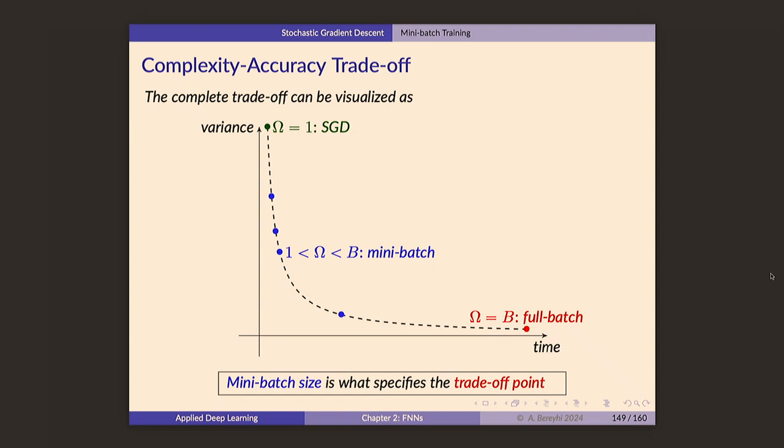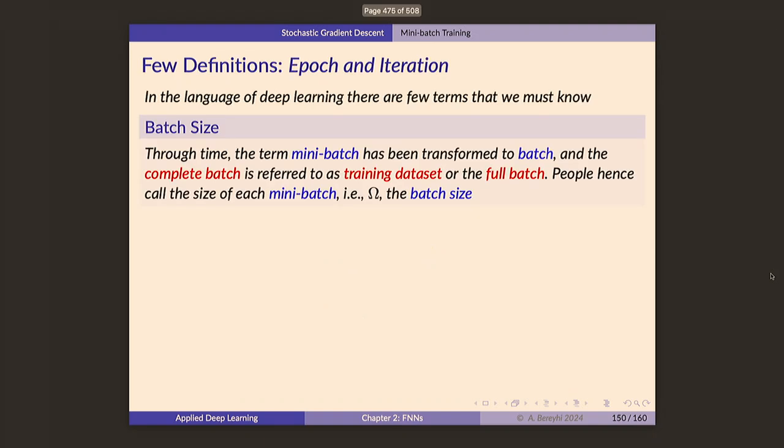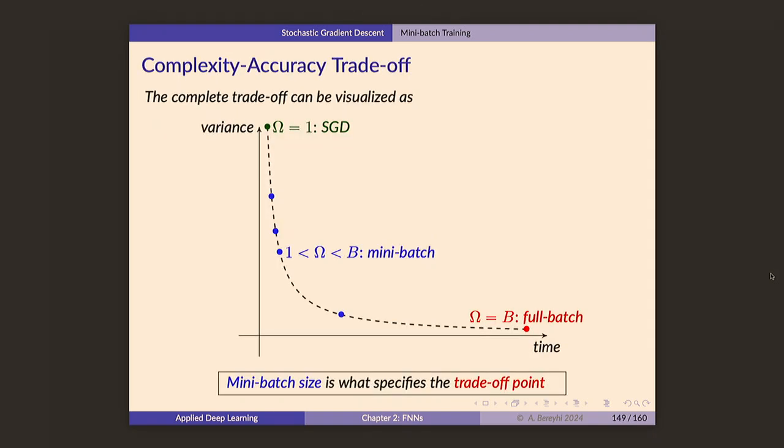This is a parameter you need to tune. It depends on the computation power that you have, also the amount of accuracy that you want, lots of things. So that is the idea. And you see here that the size of your mini batch is the one which is drawing this trade-off, right?